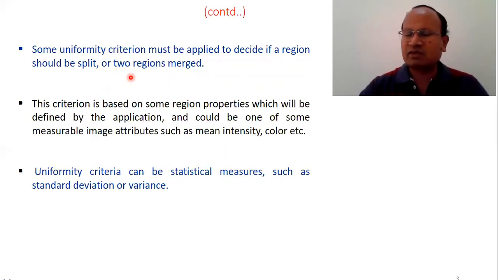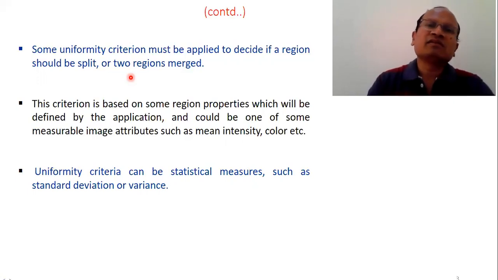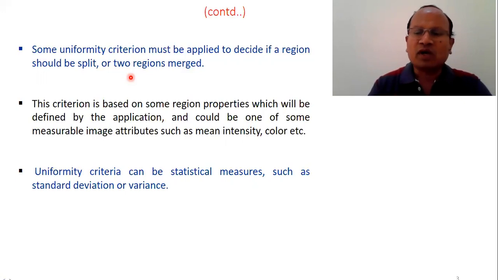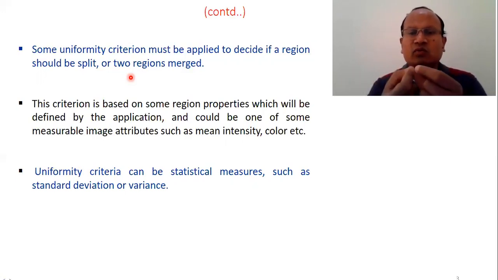In split and merge, after splitting the entire image into a number of regions, we start merging. And in region growing, we check the similarity and then we connect the similar regions. So in both cases, what is important is the criterion that decides that there is similarity between the region being talked about and the region being checked.